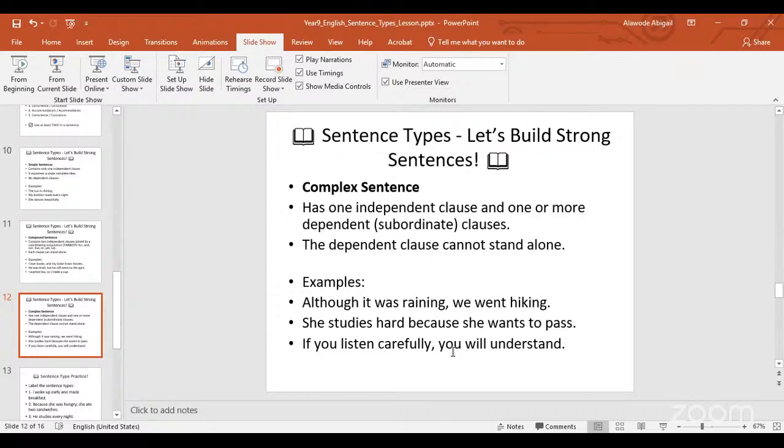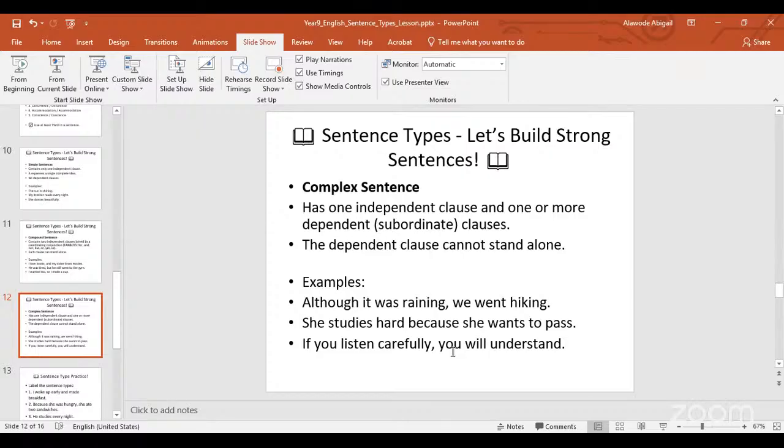Does "if you listen carefully" make sense to you? Of course, you're going to be expecting me to say something else. But "you will understand" makes sense too. It does if you have already asked something. If you've already said, "Oh, I don't understand," I can say, "Don't worry, you will understand." It can stand on its own.